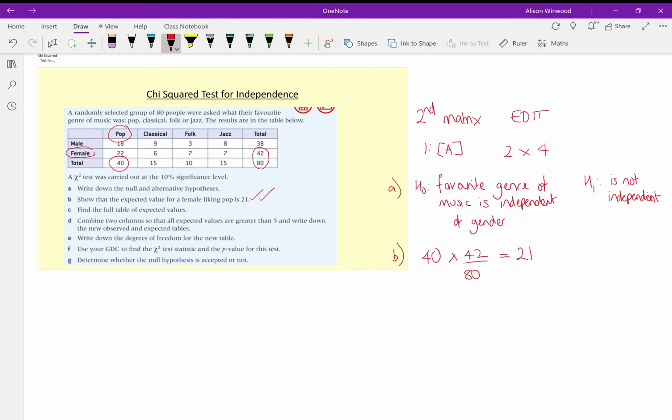Now we could work out all of that to get the table of expected values, or we could just use the calculator by going stat tests and then C, chi-squared test.